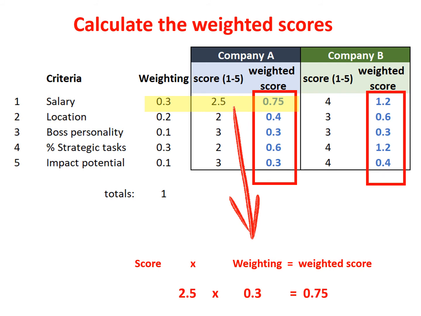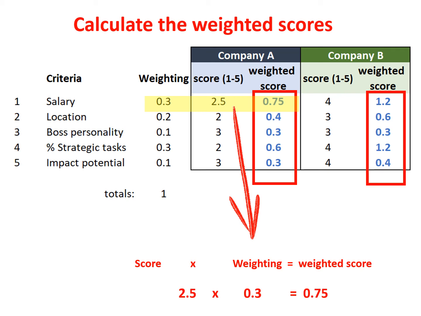Now we're going to calculate the weighted score. We're going to take into account how much Jack wanted salary to count towards his decision, for example. If you recall, Jack said that out of the 100%, salary was going to count 30% towards his decision. So how do we work out the weighted score? We take the weight, multiply it by the score, and that gives us the result. 30% can also be written as 0.3.